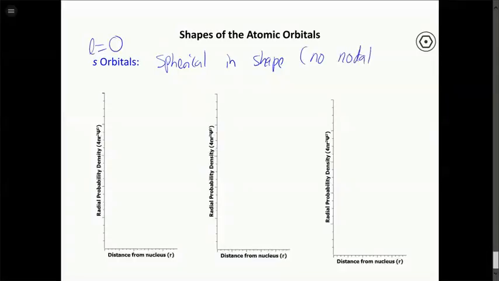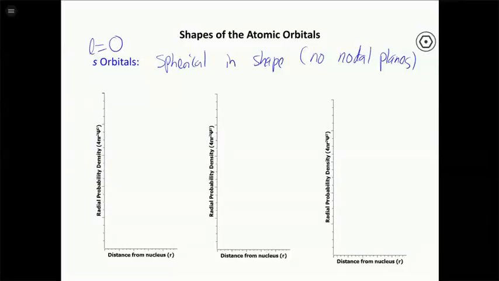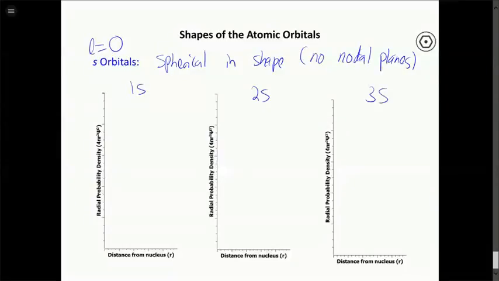Okay, so when L equals 0, you have 0 nodal planes, which means you get a spherical orbital shape, or what we sometimes call electron density. So let's look at the difference then between different shells, 1s, 2s, and 3s. So we know that L equals 0 can occur in any of the shells, 1, 2, 3, and so on. So if we have a 1s orbital, it's going to be spherical in shape.